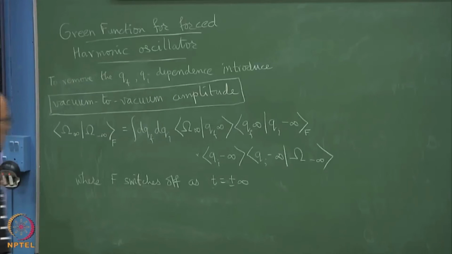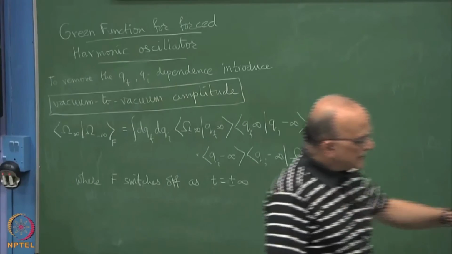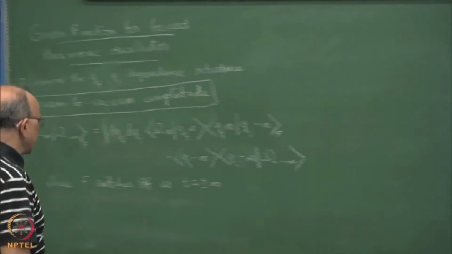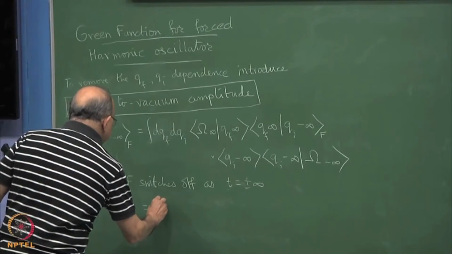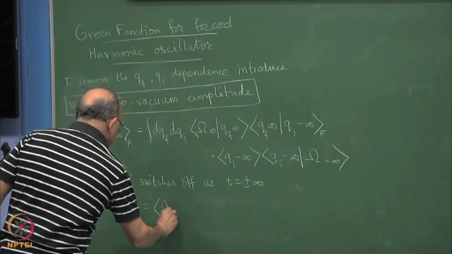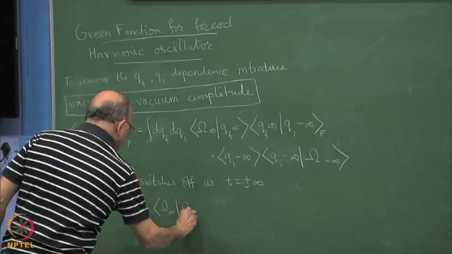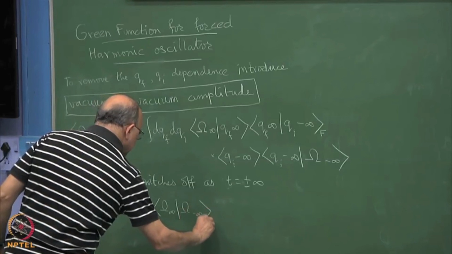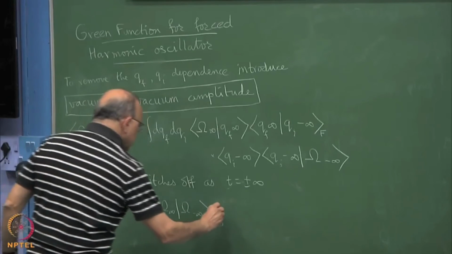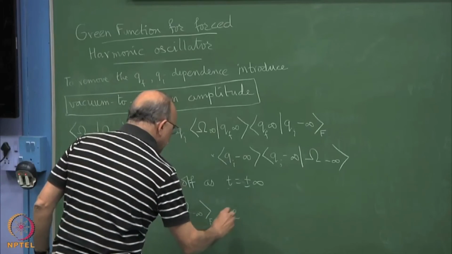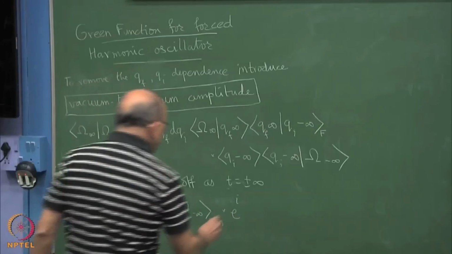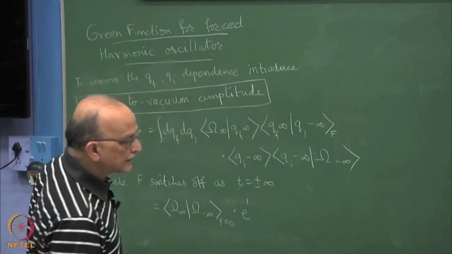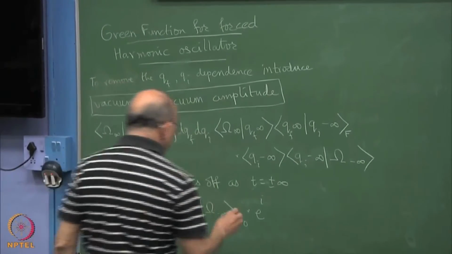So then that factor that we have there, the F D F, just comes out of the whole thing, and we get that this equals e raised to minus i over 2 F D F.